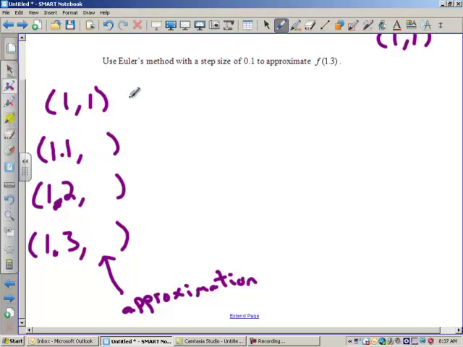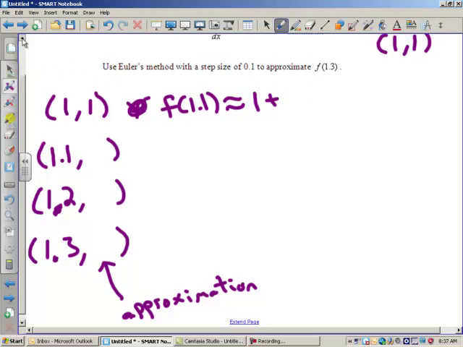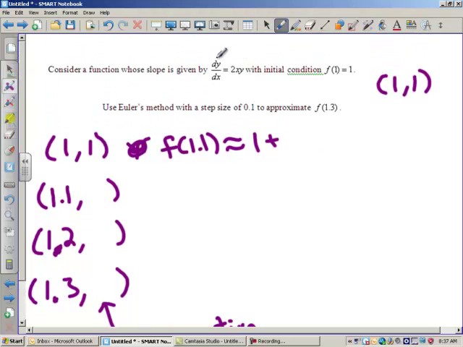So we're going to say that, well, we're using f here, so I'll use f. F of 1.1 is approximately equal to, we use the old y, here's your old y, plus your slope. Now the slope here, I have to look at my slope field, or my differential equation. I haven't drawn the slope field yet. The differential equation says 2 times x times y.